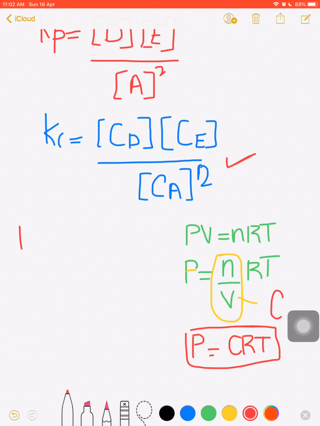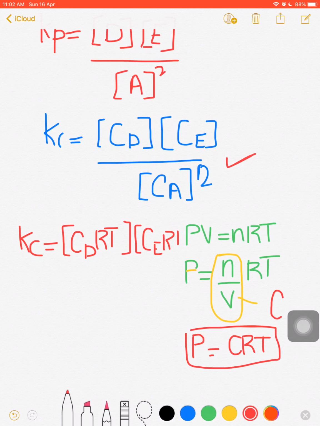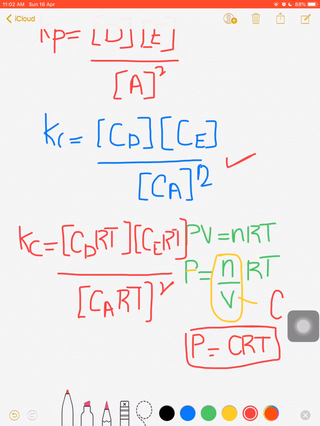So it can be Kc is equal to CD RT, CE RT, upon CA RT whole square. It can be like this as well, right?